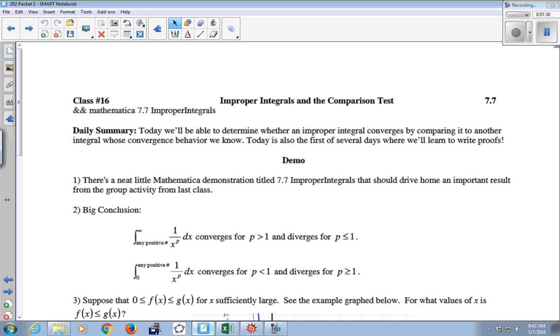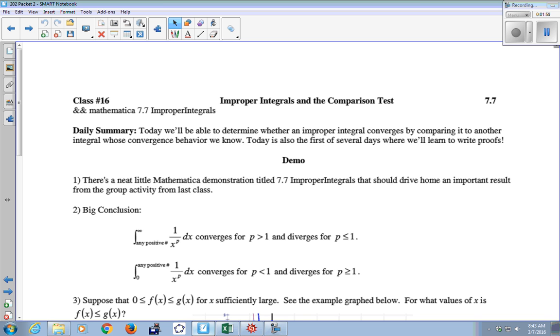Okay, so today we're going to be able to determine whether an improper integral converges or diverges by comparing it to another integral whose behavior we know. So last class, we talked about the definition of convergence and divergence. An improper integral was an integral that has some kind of infinite discontinuity. You're trying to find the area from 1 to infinity, or trying to find the area as you approach some kind of vertical asymptote.